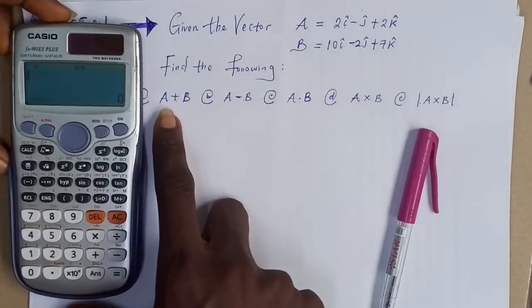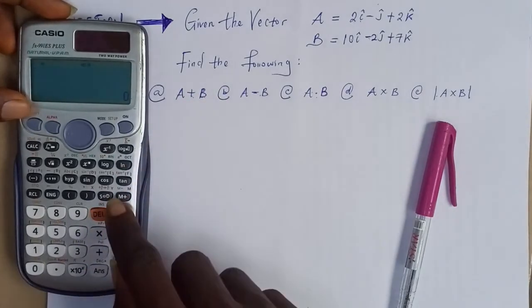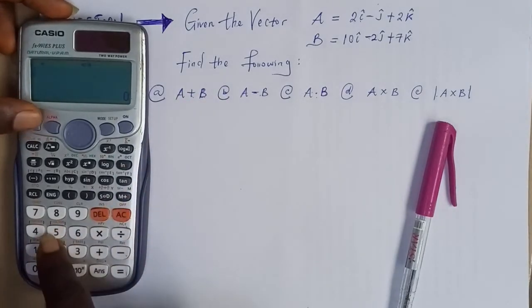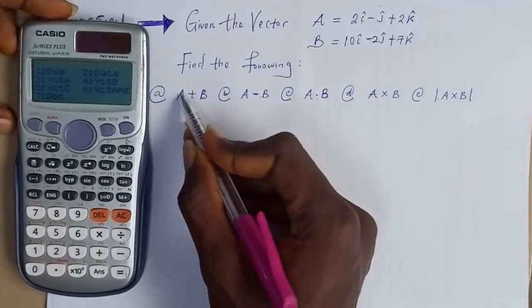So how will I compute vector A and B together, the addition? So the same process, shift and 5, okay? You can't just write A on the calculator.